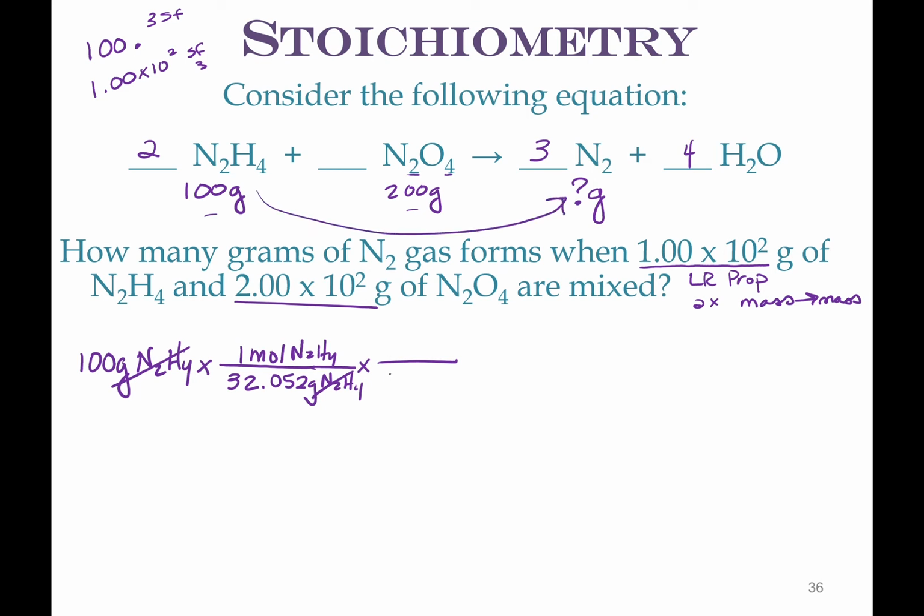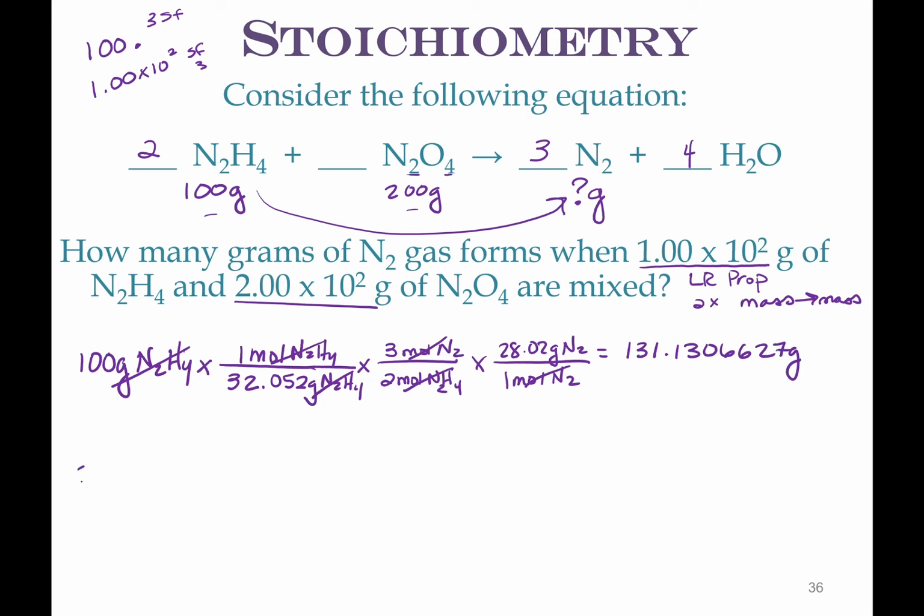So I have 2 moles of N2H4. I'm going to produce 3 moles of nitrogen. And then for every 1 mole of nitrogen, the molar mass of nitrogen is 28.02 grams. So when I do that on my calculator, I get 131.130667 grams.